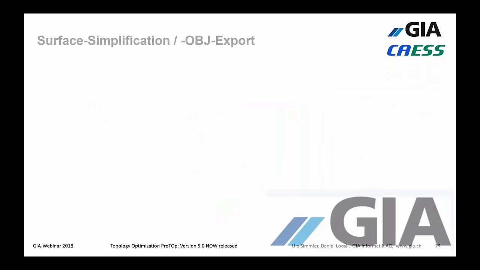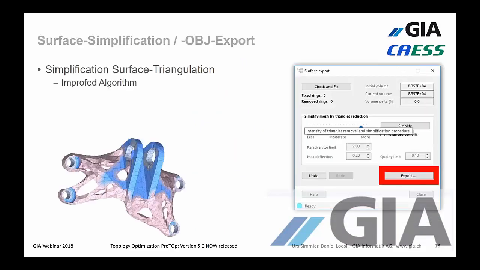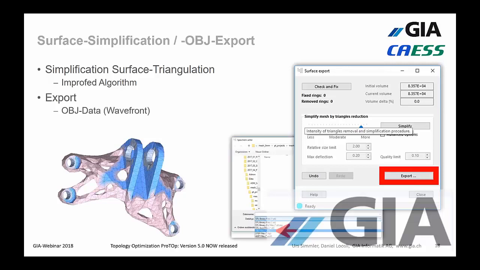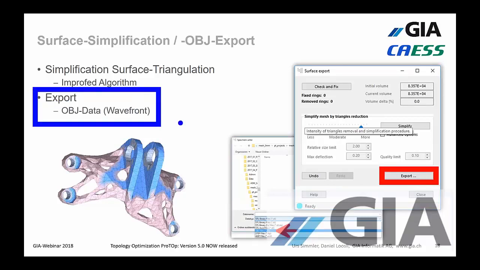So it's easier to smooth them, and it's easier to use them later on in the CAD system, because we brought in a new algorithm for simplifying the model, and one new simplification can be used as an OBJ export.